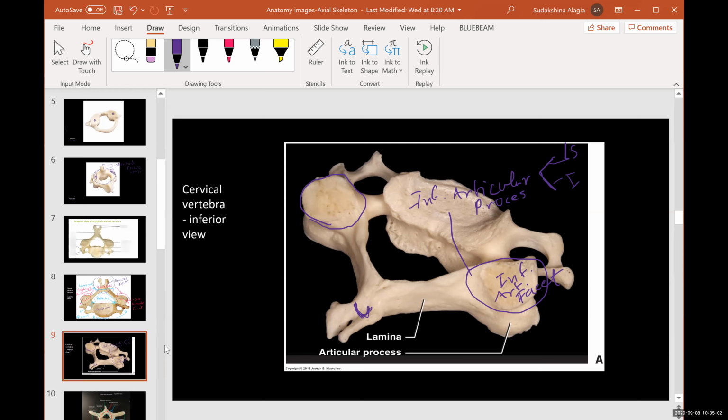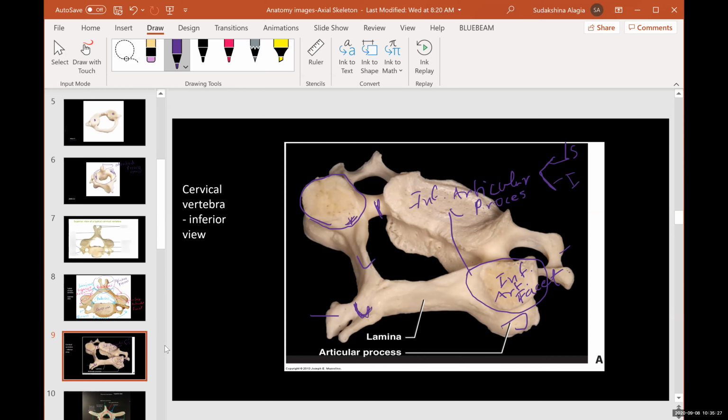Every vertebra will have these structures. Every vertebra will have a centrum, transverse process, spinous process, pedicle, laminae, superior articular process. You don't see the facet because it's the inferior view.